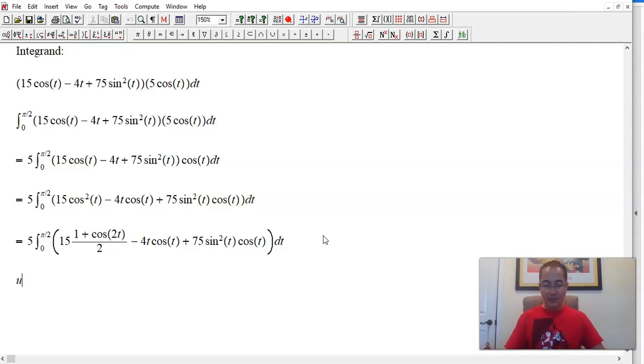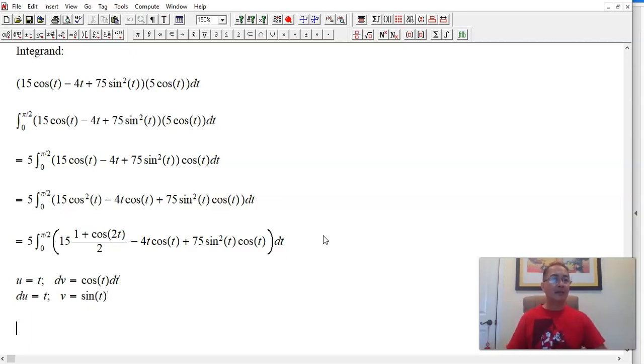So we have u equals t, and dv is cosine of t dt. So du is dt, and our v is the integral of cosine, which is sine of t.